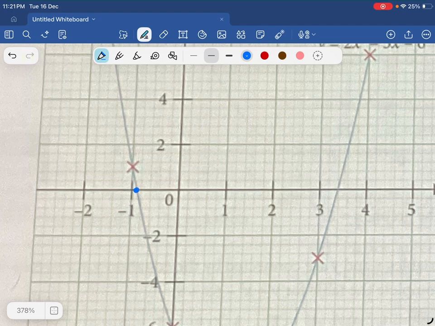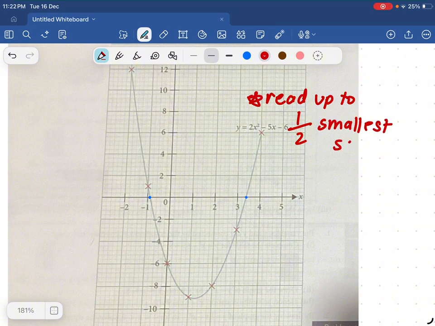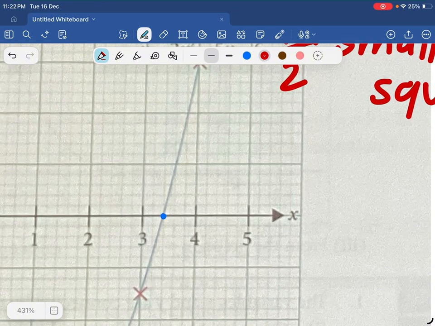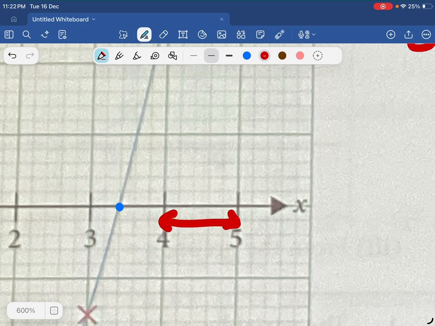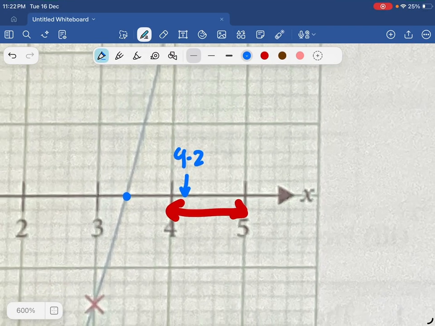So number 1, identify the x-intercepts. The first intercept is here, the other intercept is here. And remember, we can only read up to half the smallest square, which means if this is 1, that means the smallest we can read is here, and the lowest thing we can read is half of this box.